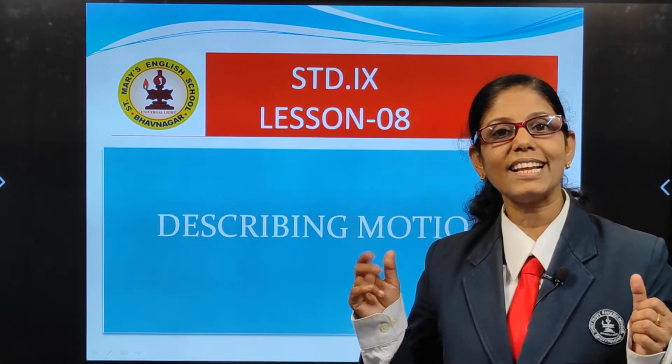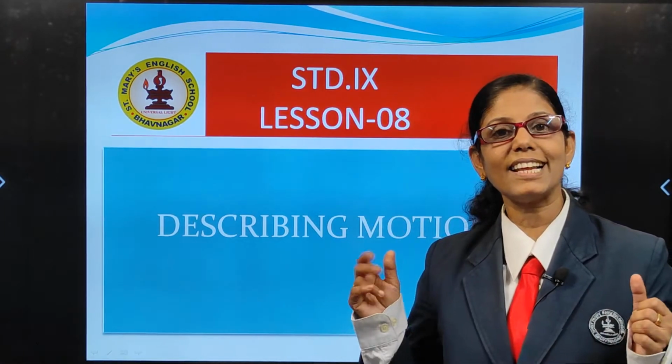The same as distance. So, what is the SI unit of displacement? Meter. And what is its higher unit? Kilometer. Smaller units are centimeter, millimeter, etc. Now, the question is, can the displacement of a body be 0 or can it be negative?